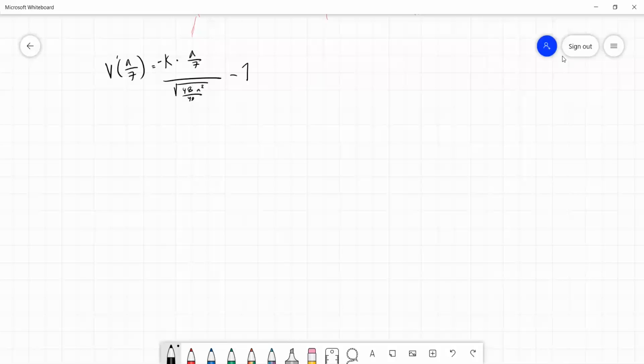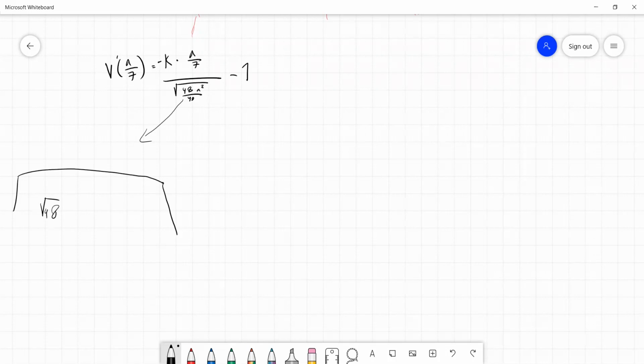So this could still be simplified further. If we actually take this square root into action, I'm just going to draw this border so that we focus on this part. The square root of 48, let's just leave it at that.